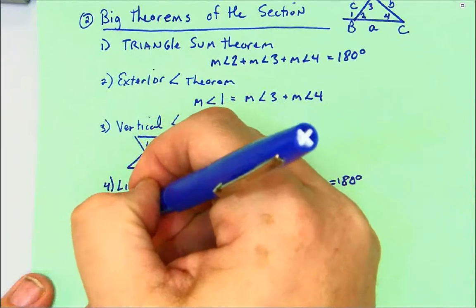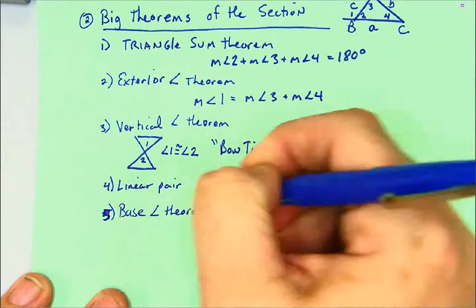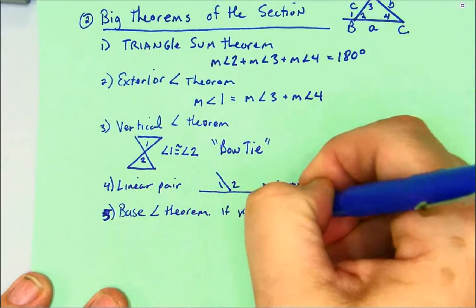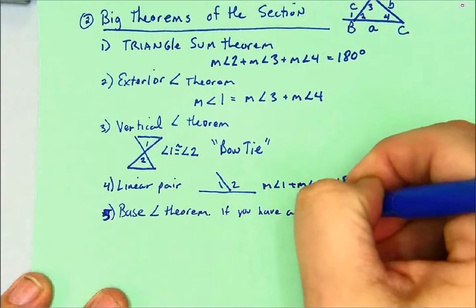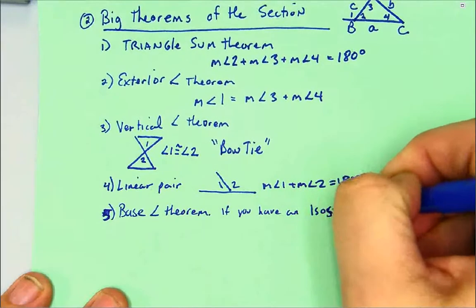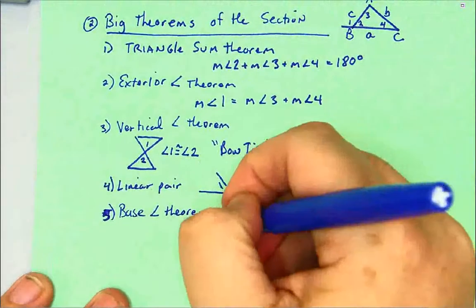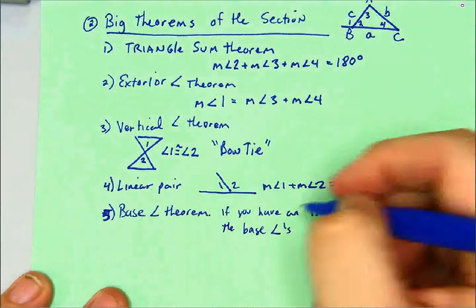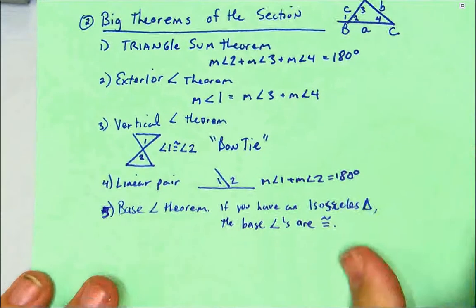We call it the base angle theorem. If you have an isosceles triangle, the base angles are congruent.